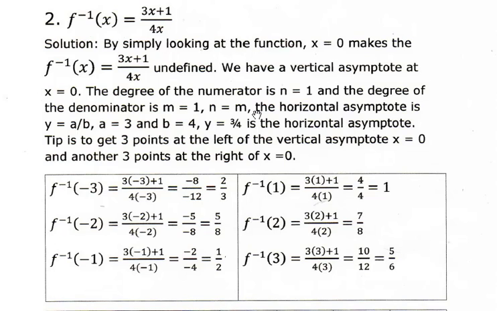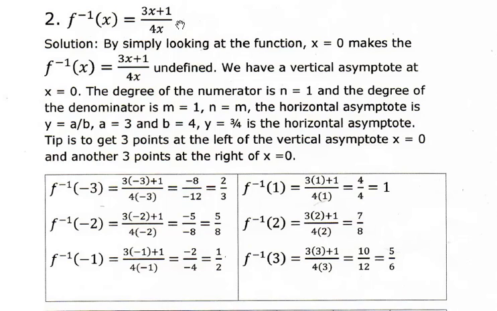The degree of the numerator n equals 1, and the degree of the denominator m equals 1. In this case, the degree of the numerator equals the degree of the denominator, then the horizontal asymptote is y equals a over b.